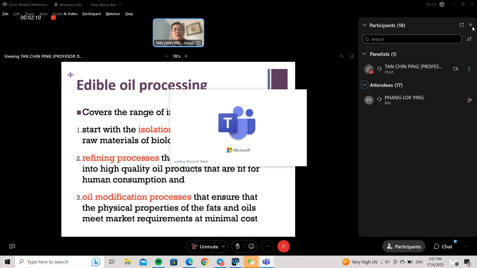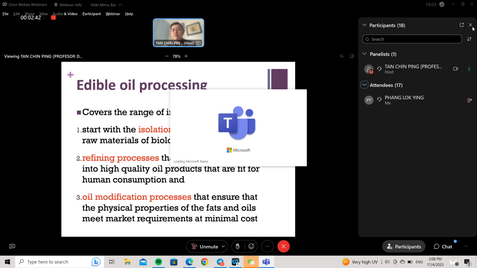fats products. So with that, we will cover three major processing steps involving fats and oil products. The first part, which is today, we are going to introduce a topic on isolations of oils or the extractions of oils and fats from various raw materials of biological origin.